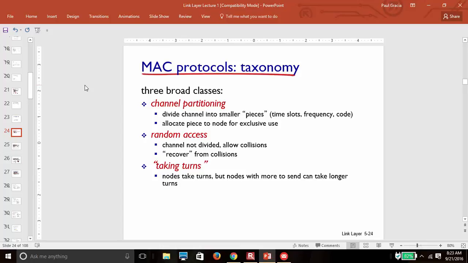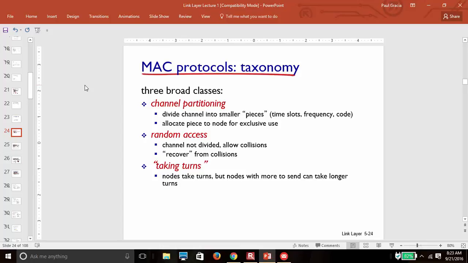There's not much decision making, and there's no risk of collisions. The problem is that you never maximize the use of the broadcast medium, because if no one else is using the medium, you still have only your small channel.